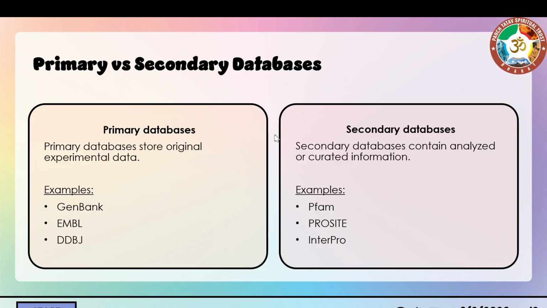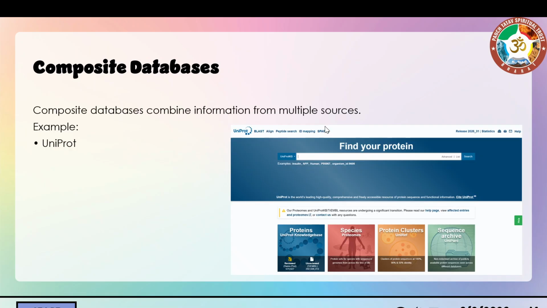But we have one more type of database, which is known as composite databases. These databases combine the information from multiple sources. That is why they are called composite databases. An example of a composite database is UniProt.